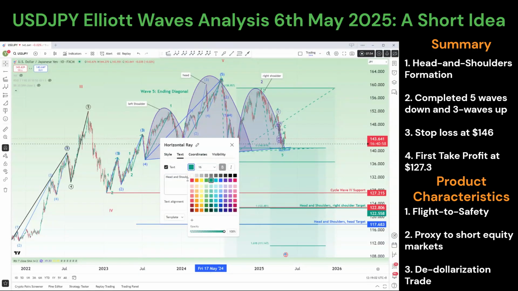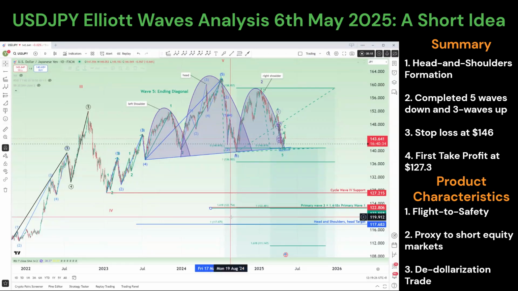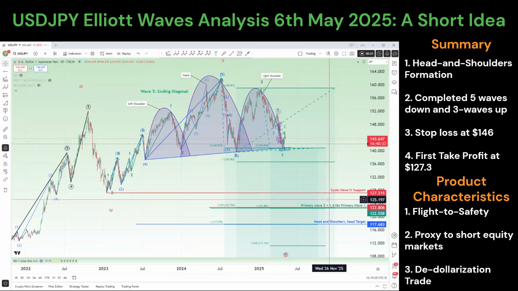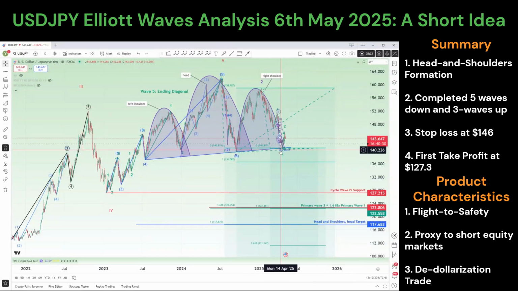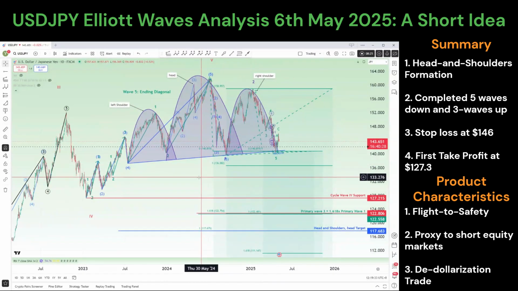And then we will have this, which will be kind of like primary wave 3 equals to 1.618 times primary wave 1. Okay, so then this is one target here, 1.618.